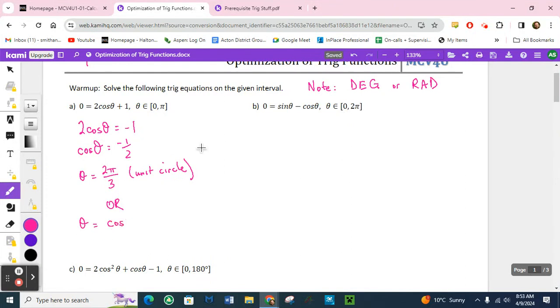Can you pop in the cosine inverse of negative 1 over 2? I will do it as well. Make sure I'm in rad mode. Shift cosine negative 0.5. So I got about 2.09. Did you get 2.09?